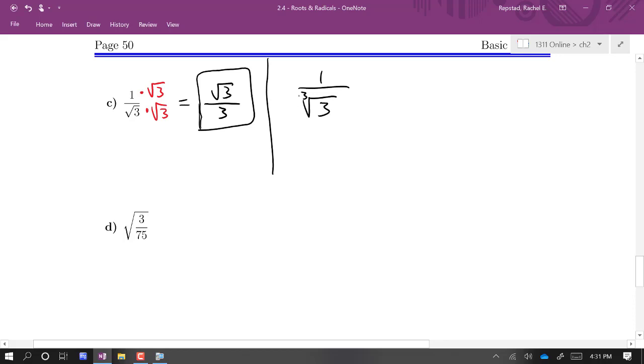So now I need 3 factors of the cube root of 3 in order to get rid of the radical. So what I need to do is multiply by not just the cube root of 3, but the cube root of 3 squared, right? I need 2 more factors of the cube root of 3.